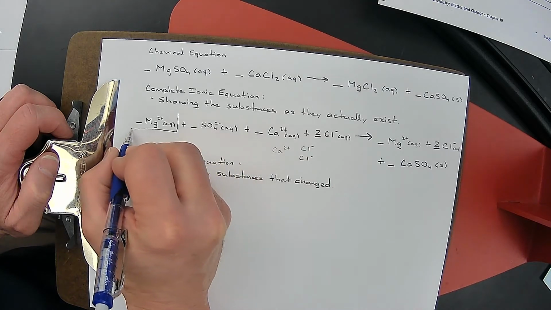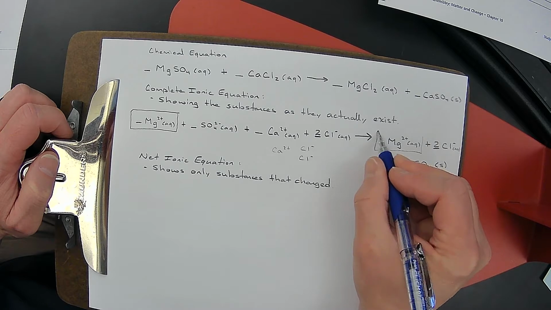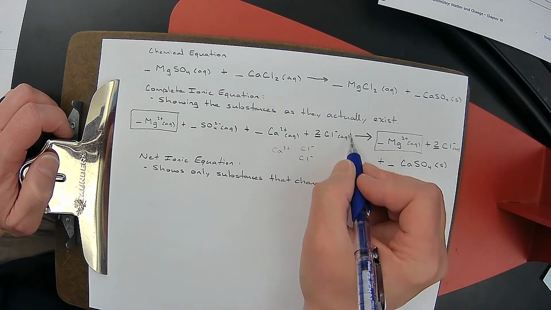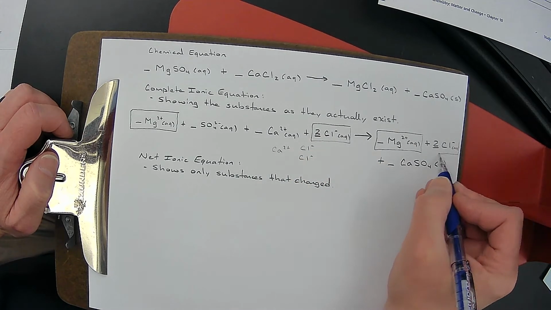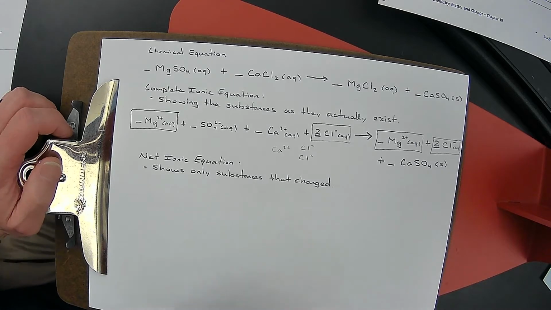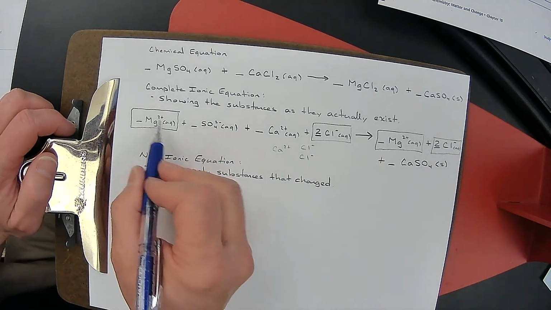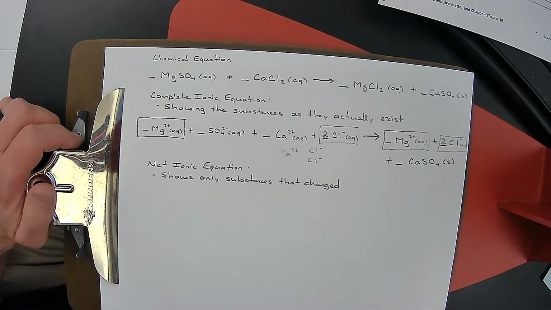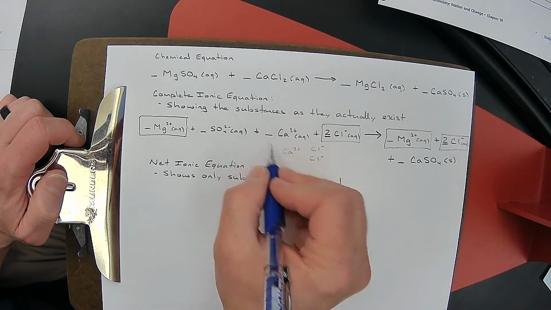Notice the Mg2+ never changed. Nothing happened. Look at Cl-. Cl- started as Cl- and it ended as Cl-. All of these ions never changed. They started floating around in the water at the beginning, and they're still floating around in the water at the end. So what we're going to do is only write the things that changed.